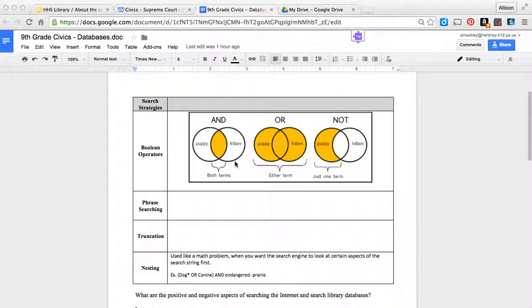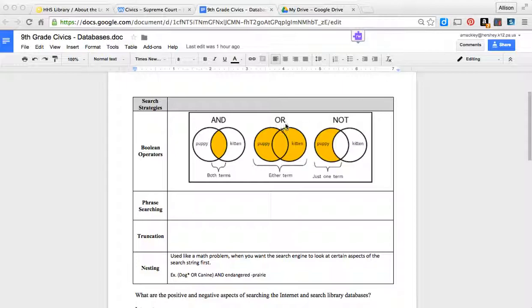Because when you say peanut butter and jelly and bread and bananas, it gets more and more and more. But when you put and, it means that both puppy and kitten must be in the result. So therefore, you only get a much smaller amount of articles. So it may go from 3,000 articles down to 200. And that helps you narrow your search to find the best answers for your research questions.